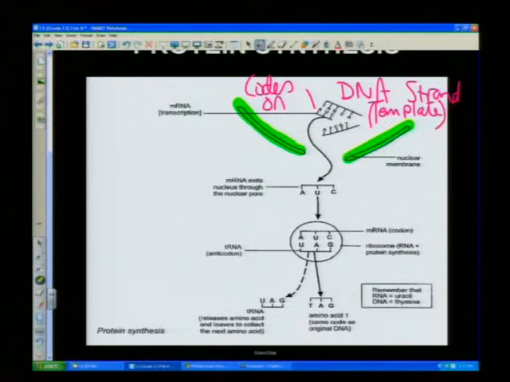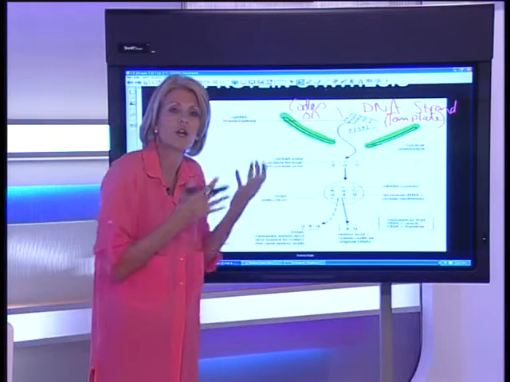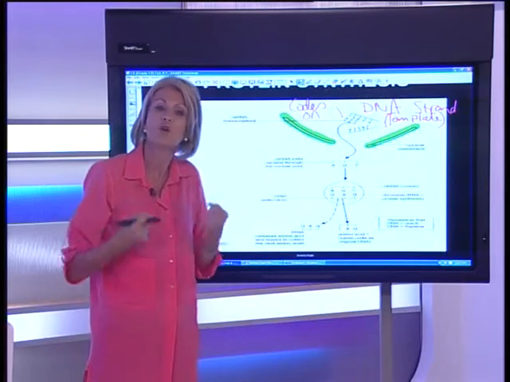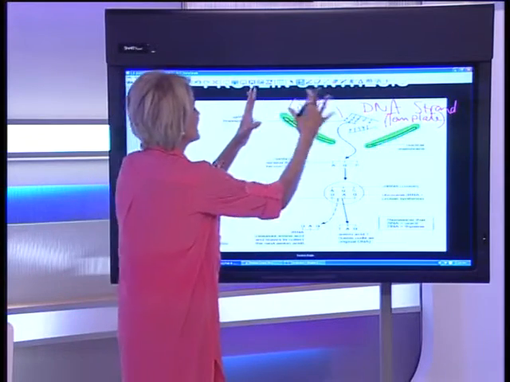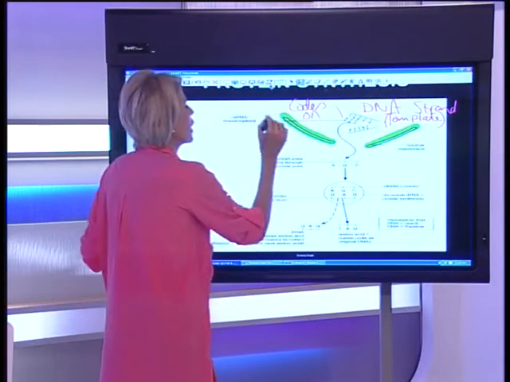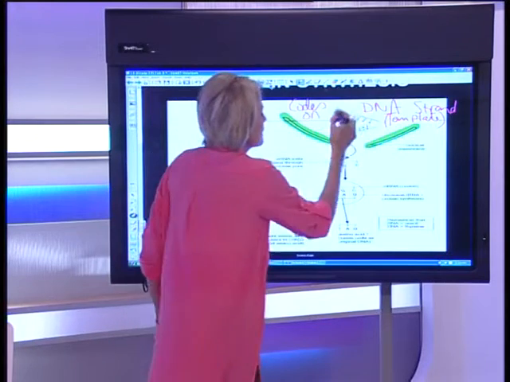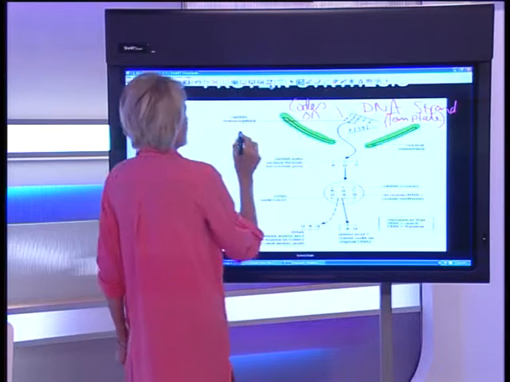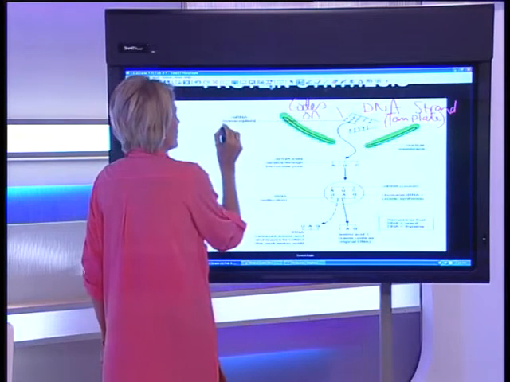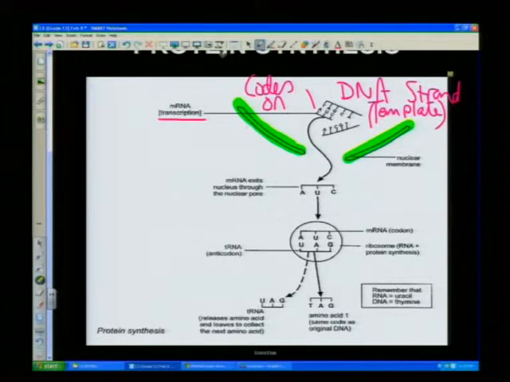Now, codes on is what makes it, and this is why we call it a codon. And that's why I prefer codon to a triplet base. All right, so it codes on. This messenger RNA codes on. It takes the information from the DNA, okay, as a complementary base set, and that's what we call transcription.